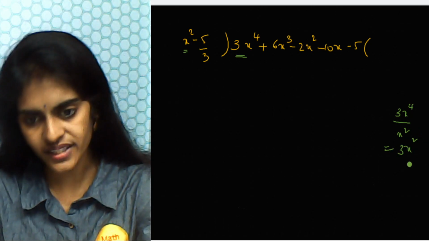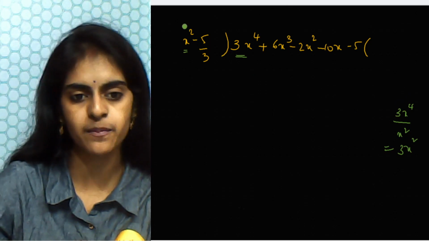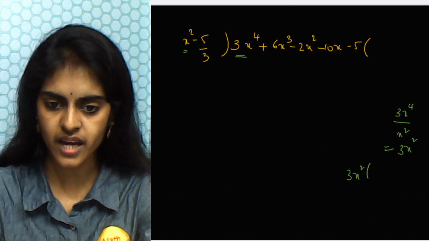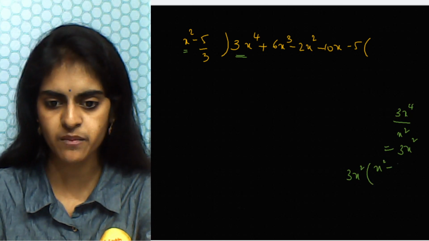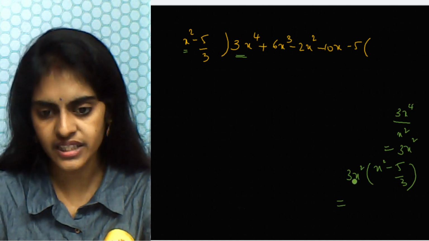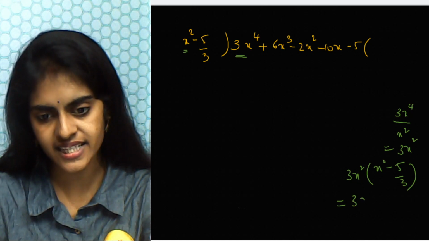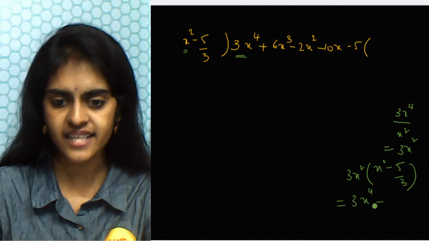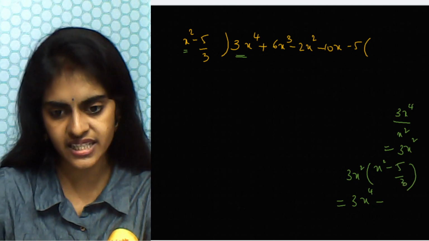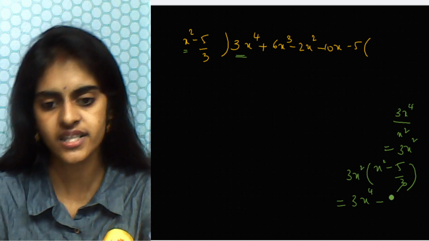Now with this 3x square you will multiply this divisor. So 3x square multiplied by x square minus 5 upon 3 gives you what? 3x square multiplied by x square is 3x power 4, minus 3x square multiplied by 5 upon 3. This 3 and 3 get cancelled and what is remaining?